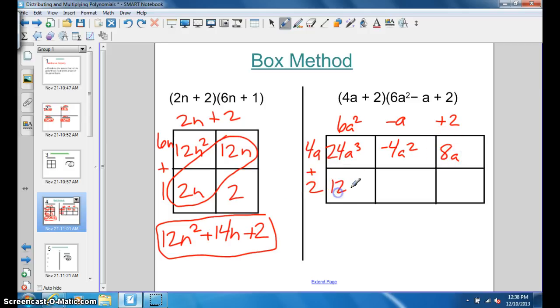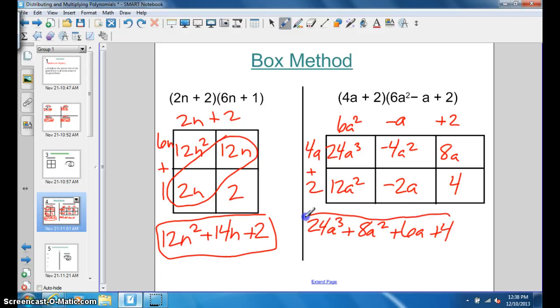This is 12a squared minus 2a and 4. So once again, collect like terms, the diagonals. Okay, so we have 24a cubed plus 8a squared plus 6a plus 4. And that's our final answer.